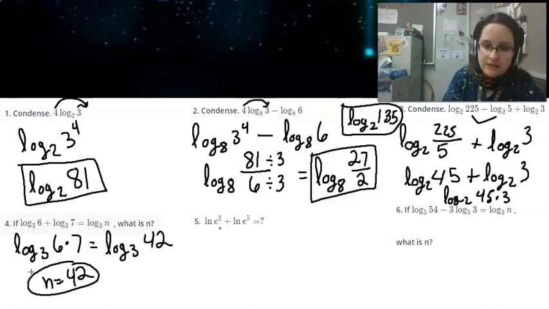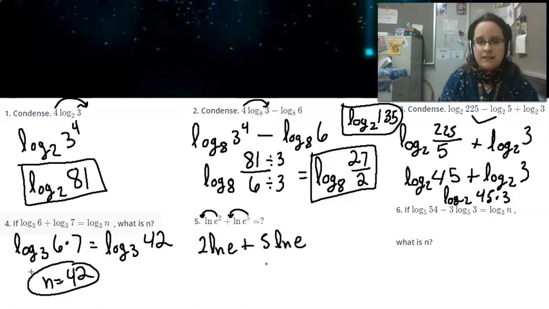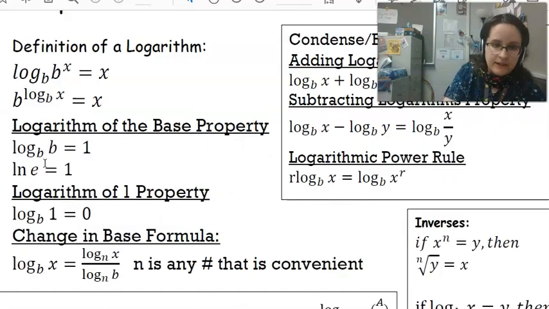On number 5, we have ln e to the 2nd power plus ln e to the 5th power. The first thing you want to do is use your power rule from before. So move those exponents to the front. We have 2 ln of e plus 5 ln of e. Now ln of e is basically log base e of e, and you'll use that property to say that it's 1.